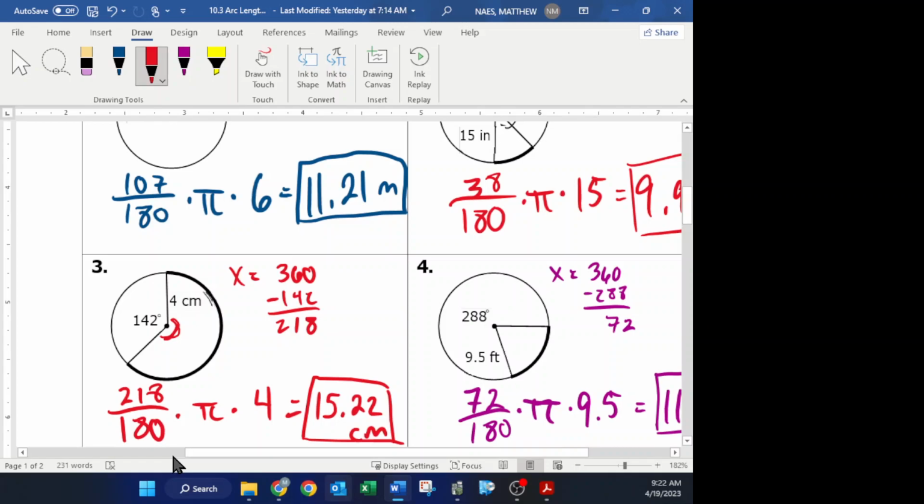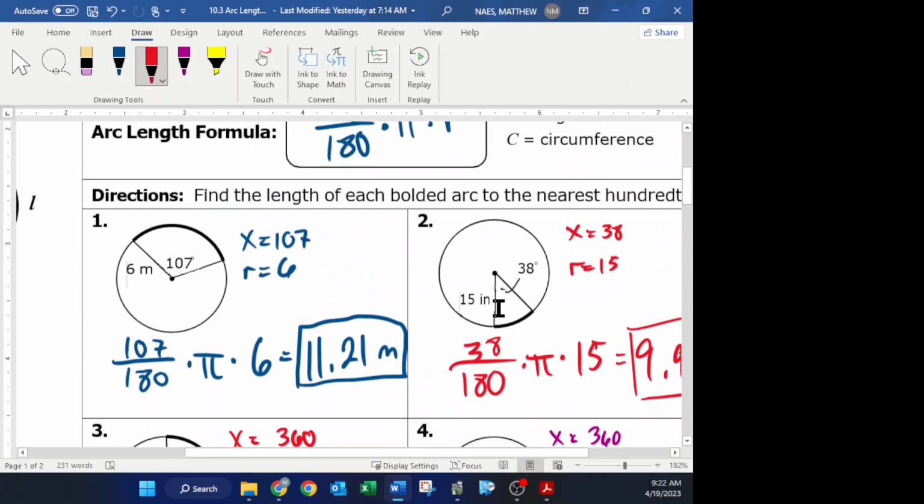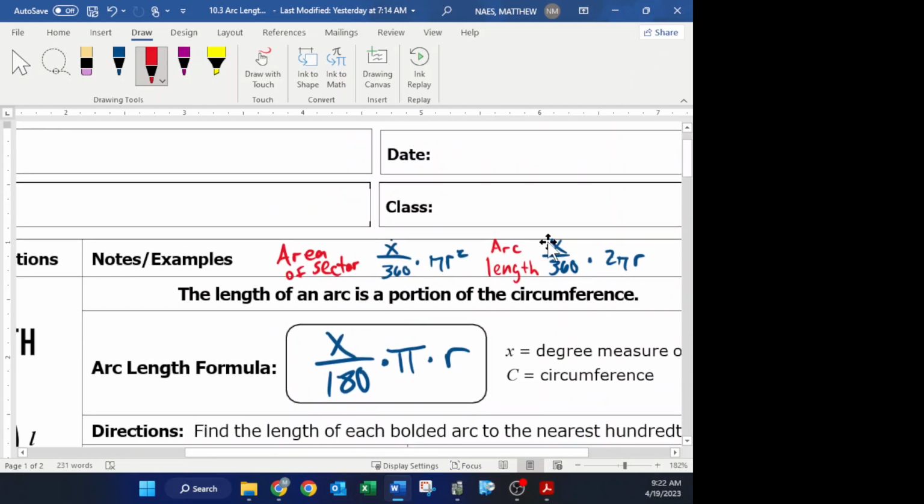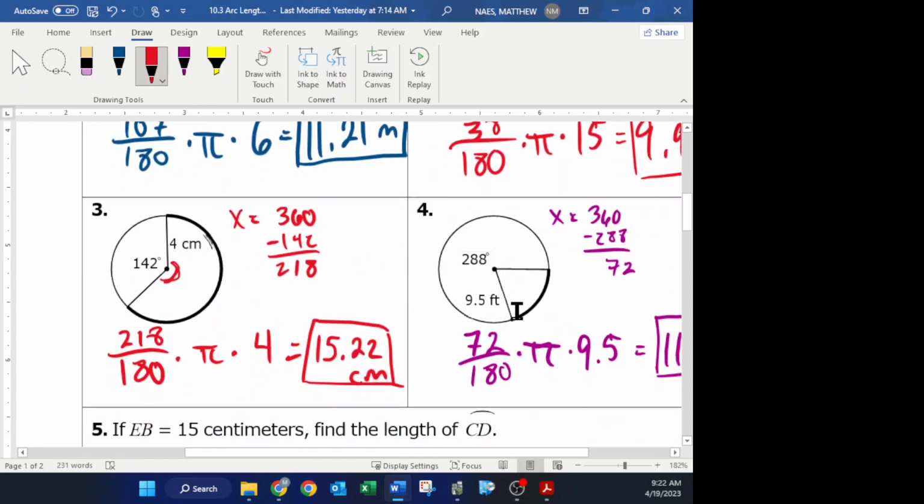That's my mistake. It should always be over 180. Again, there is another way to do the formula if you left it in the original form, which is what we had up here, x over 360 times 2 pi r. But again, there's no point in doing that since you can reduce and make this a simpler formula. So again, I may have mixed that up a little bit.